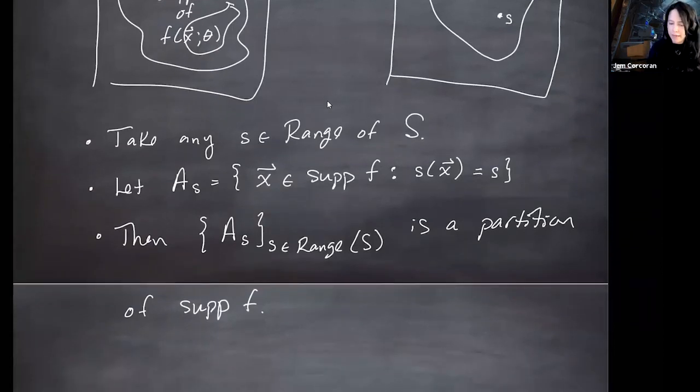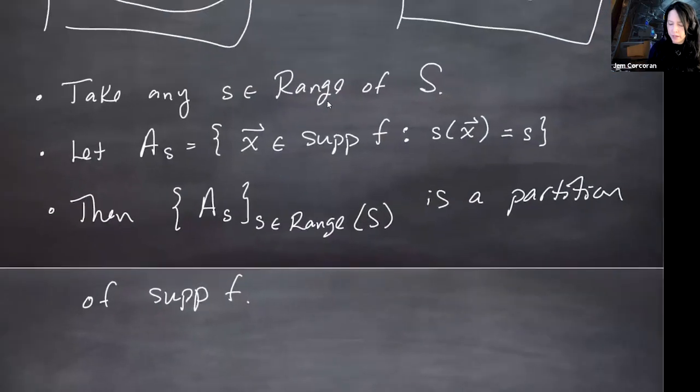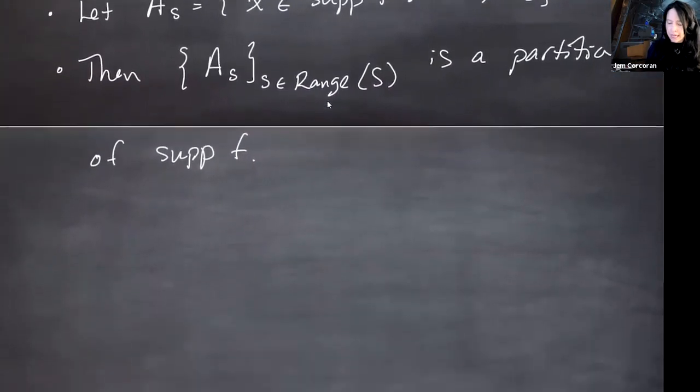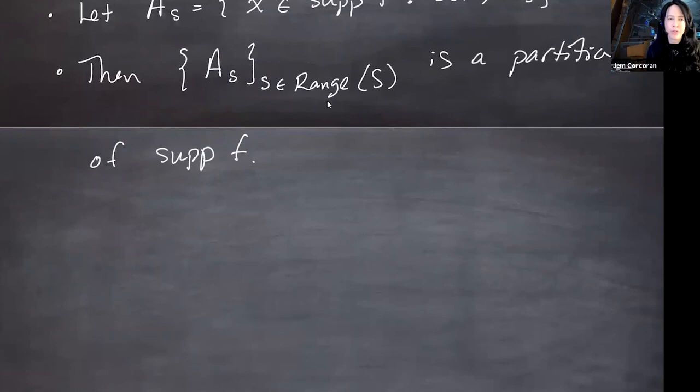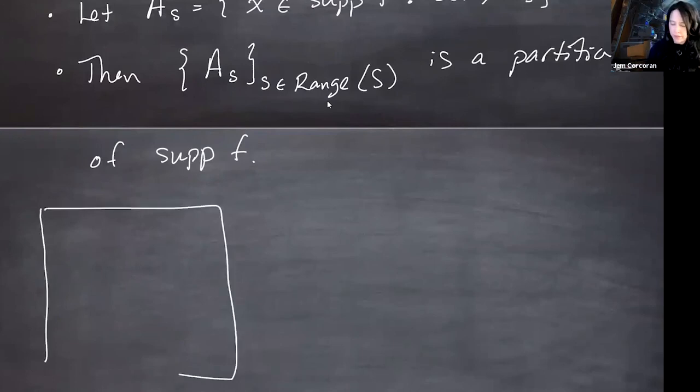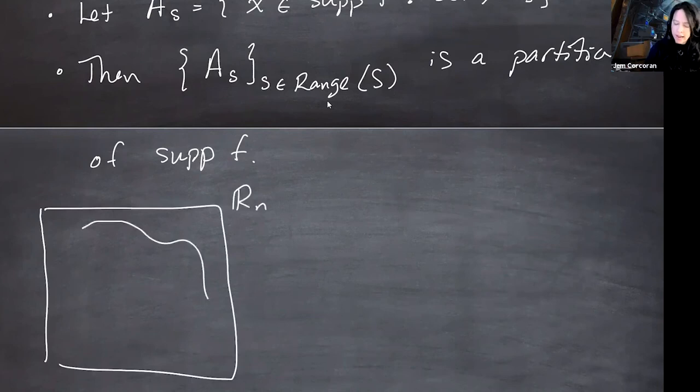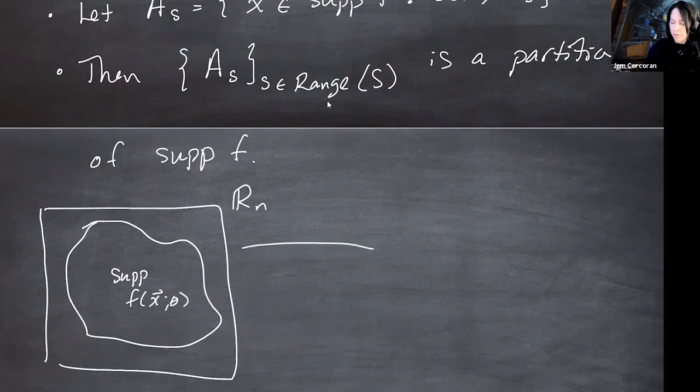I think this might make more sense with an example that goes to a discrete space. So if this is R^n, and then I have the support of the joint PDF, and maybe a statistic. So this is really a specific example trying to help me illuminate what I'm writing here.